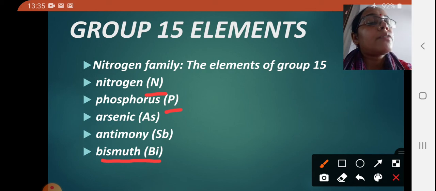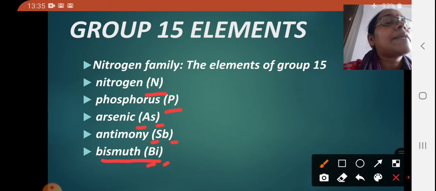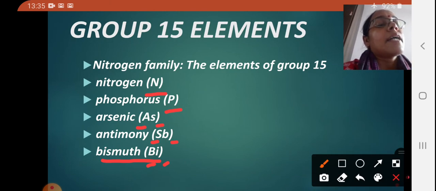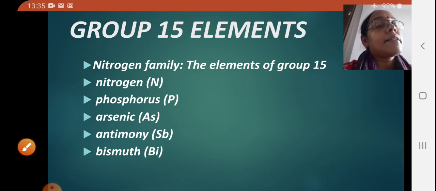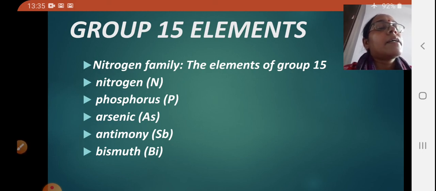Arsenic, two letters, so first letter is capital and second letter is small. In the same way, antimony, and in bismuth also first letter is capital, second letter is small. So you should keep this point in your mind that whenever we are writing the symbols, we should write the first letter capital and the second letter small.